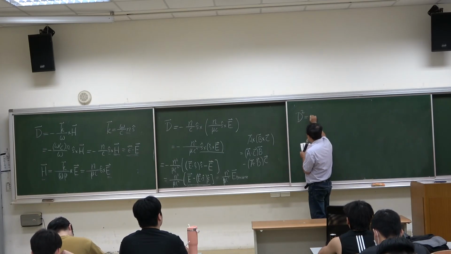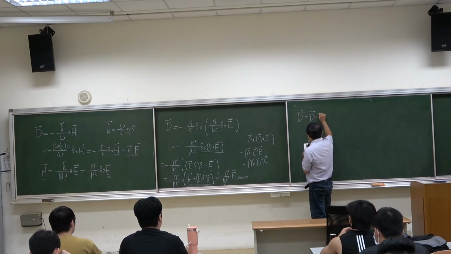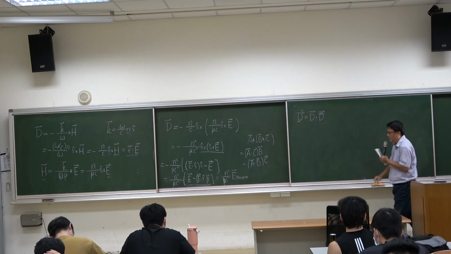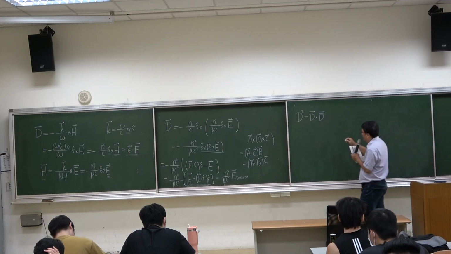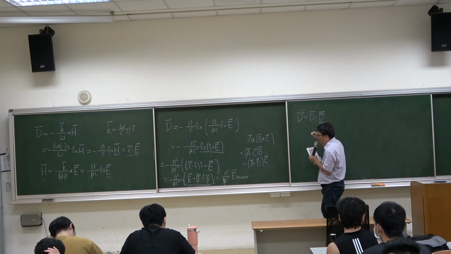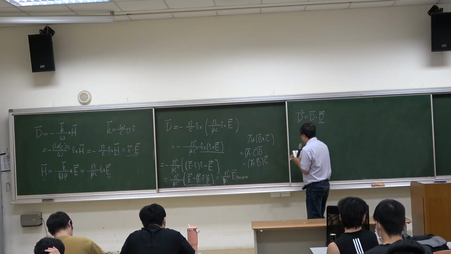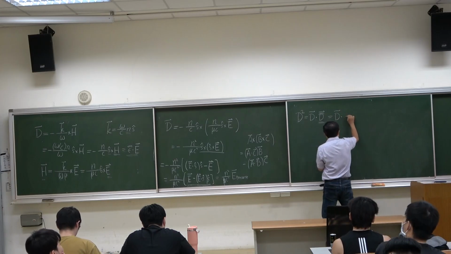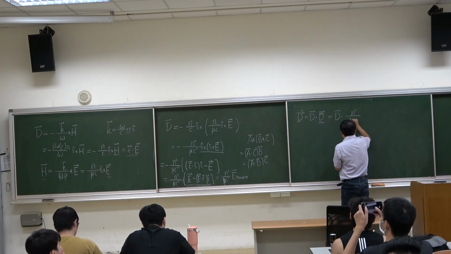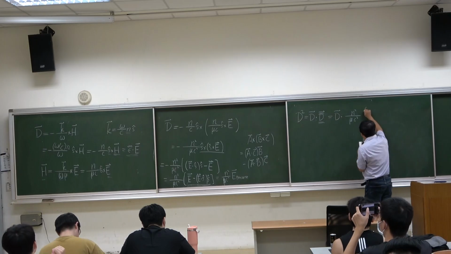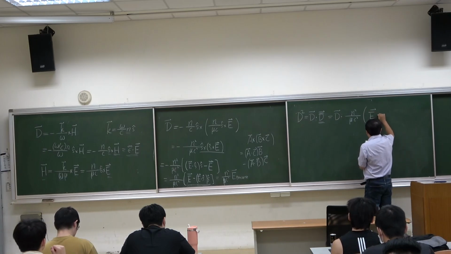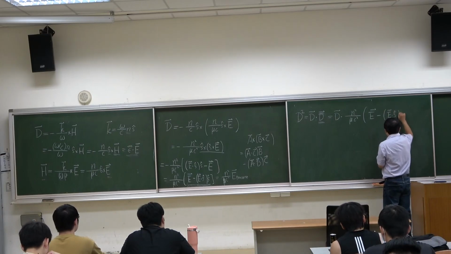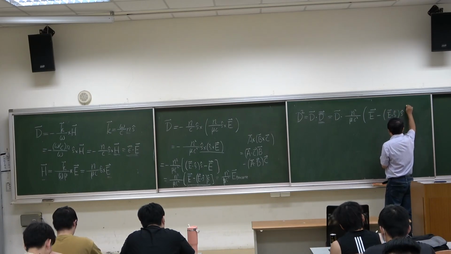So, if I now calculate D squared, which means that I calculate the scalar product between D and D, I substitute the second D with this expression. So this means D dot N squared over mu C squared times (E minus E dot S S).